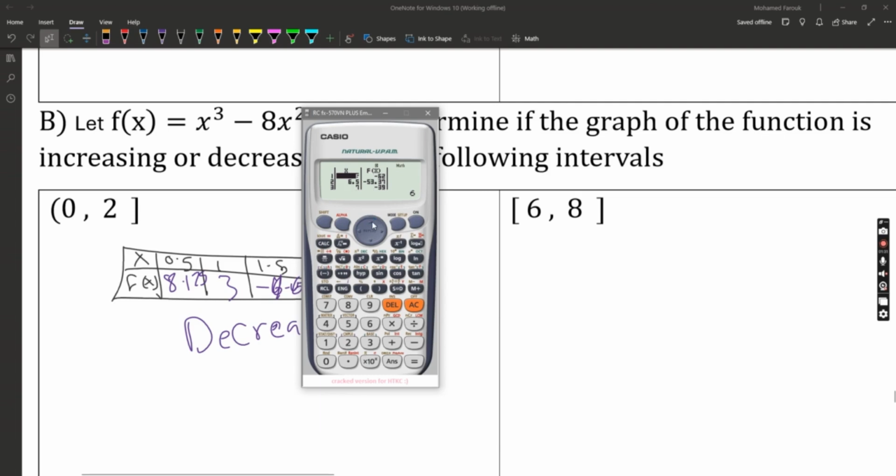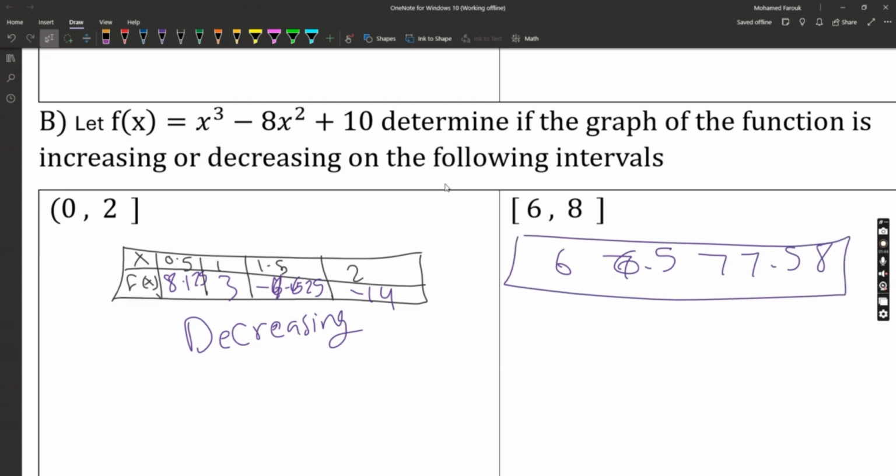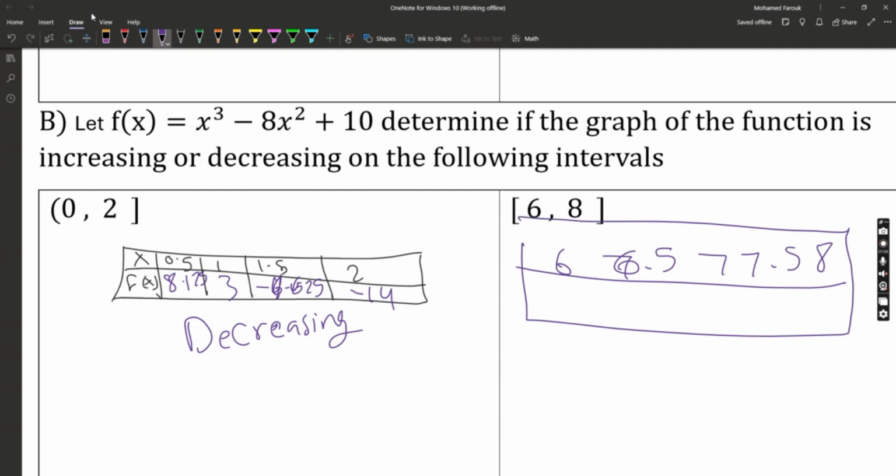Okay, we'll make it 6, 6.5, 7, 7.5, and 8. I'll erase this part. These are the values for x, and these are the values for y. 6.5, 7, 7.5, and 8.